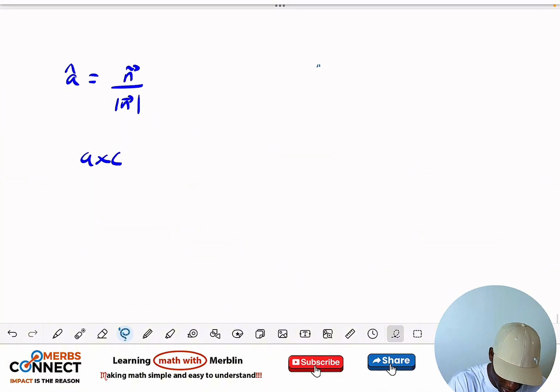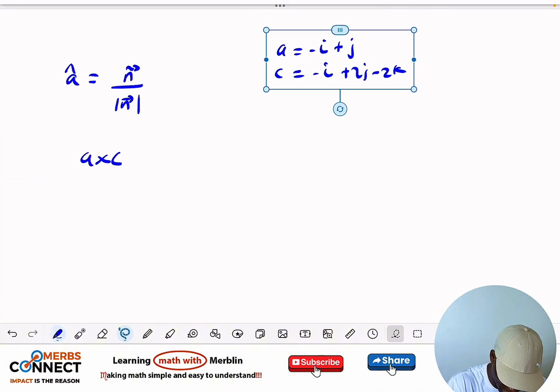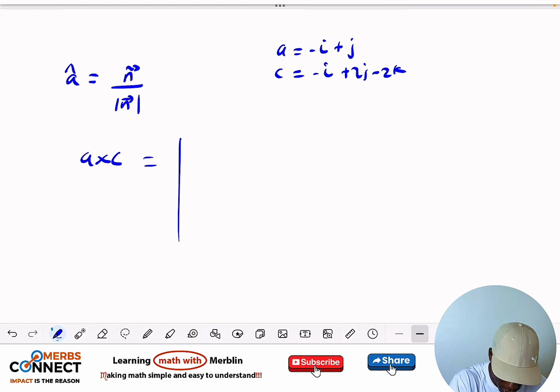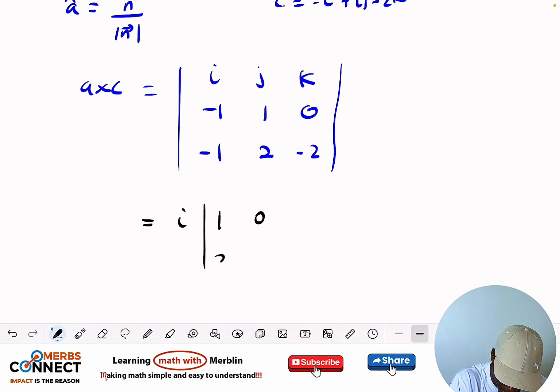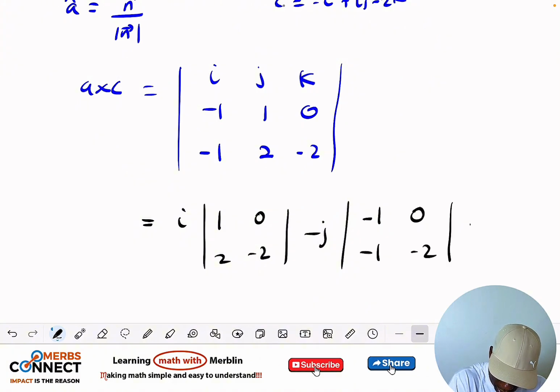Okay, so we have A and C there. So let's go I, J, K. This is minus 1, 1, 0. This is minus 1, 2, minus 2 from this. So now let's figure it out. This is I, 1, 0, 2, minus 2, minus J. This is minus 1, 0, minus 1, minus 2. And K is going to be minus 1, 1, minus 1, 2.